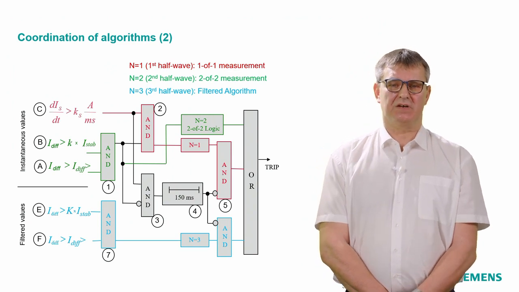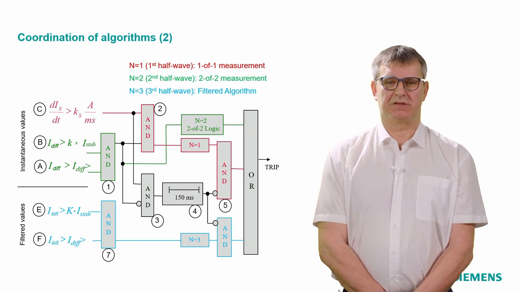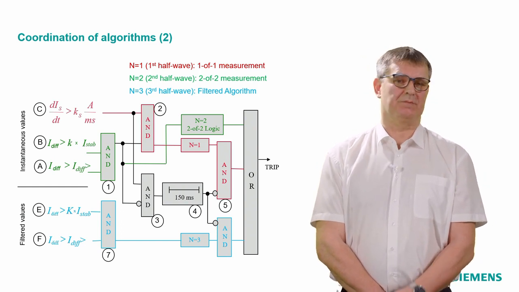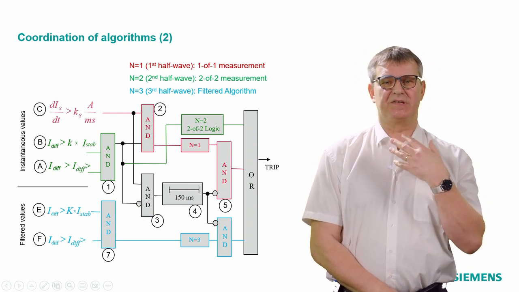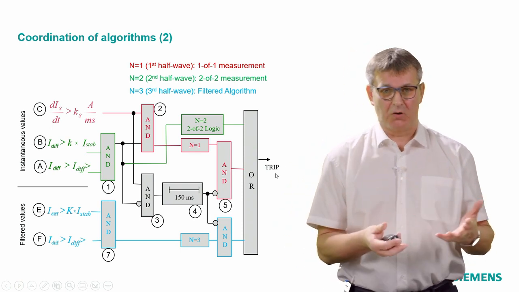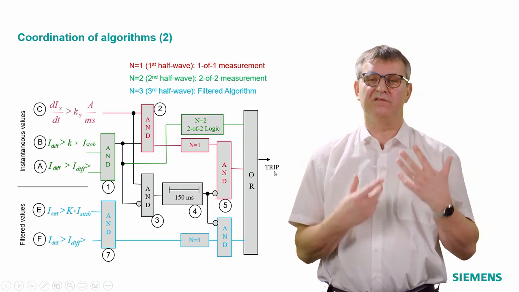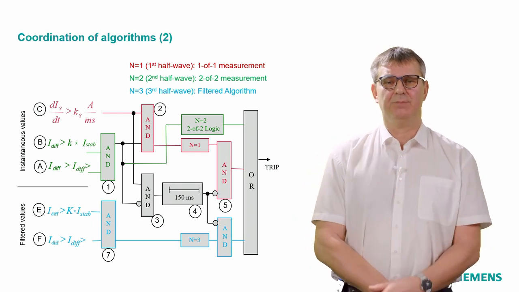You have here on the right side of this diagram the trip. It will be the trip of one phase of one selective zone, or it can be also the trip criteria of one phase of the checked zone. You have a trip, and you have 3 inputs.